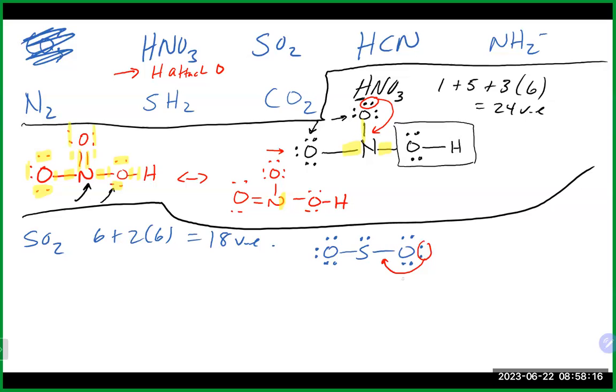We're going to bring it in to make that double bond, and that will get us this structure here. And again, we could draw a resonance structure where you just did the double bond on the other side.